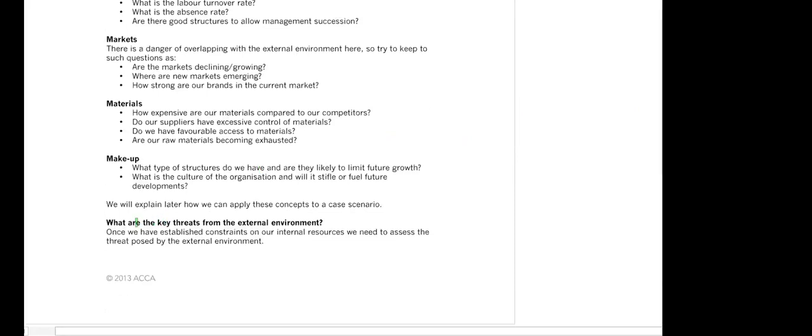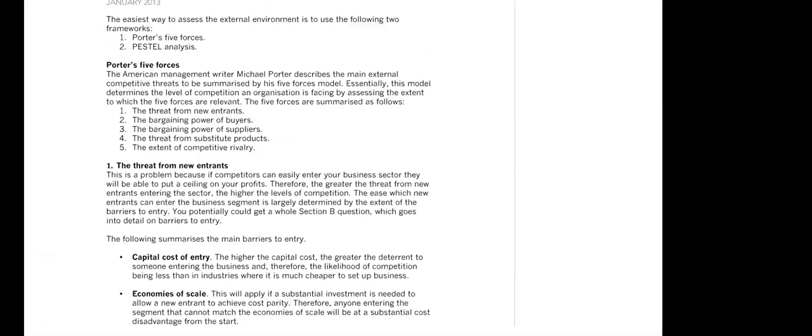So, what are the key threats from the external environment? To be honest, this is not exactly correct, because not just threats, the external environment can give you opportunities as well. So the external environment gives you both threats and opportunities. You need to understand this particular fact.